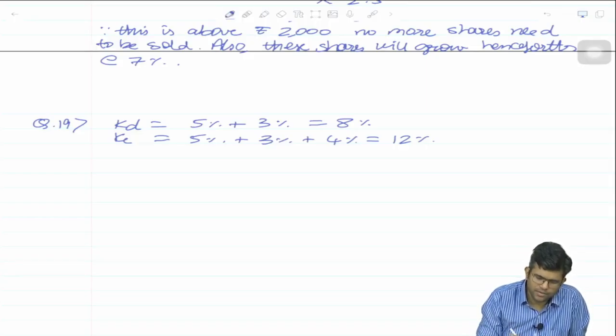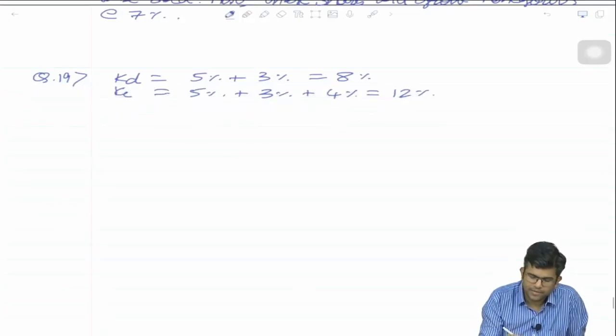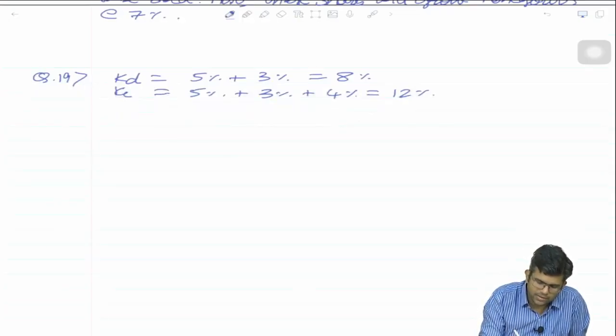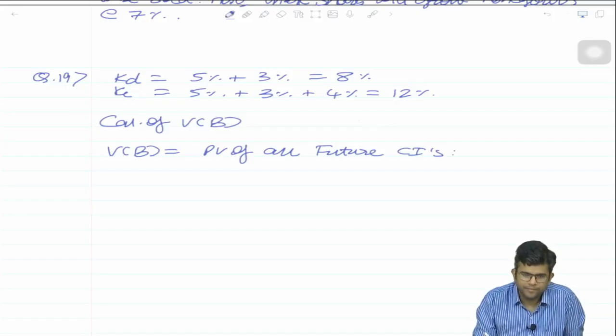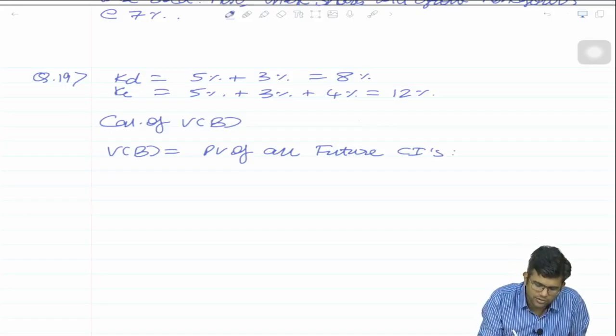Now, listen carefully. Calculation of value of bond. Do you all remember, value of bond will be the present value of all future cash inflows? Agreeing everybody? Present value of future cash inflows.